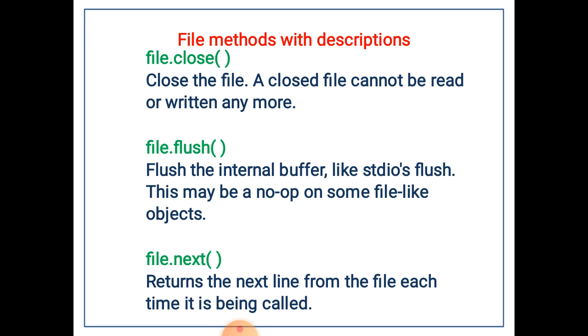Now let us learn about the file methods with descriptions. Here we can see that the green colored letters are the file methods, and the blue colored letters are the descriptions for the file methods.